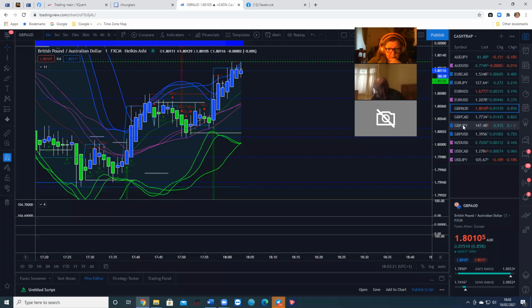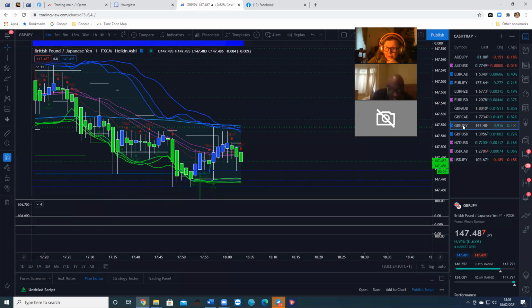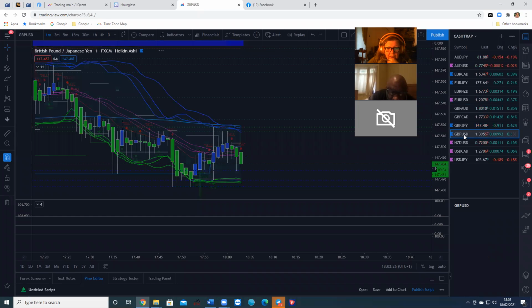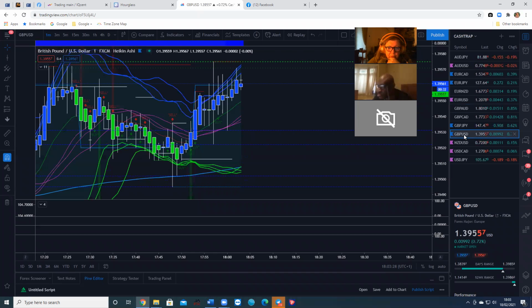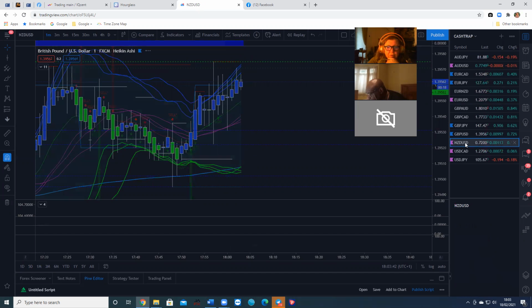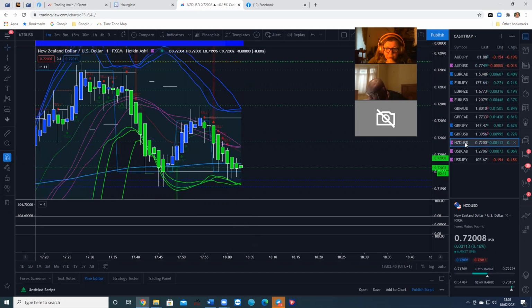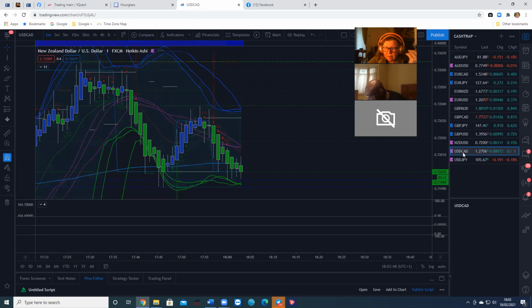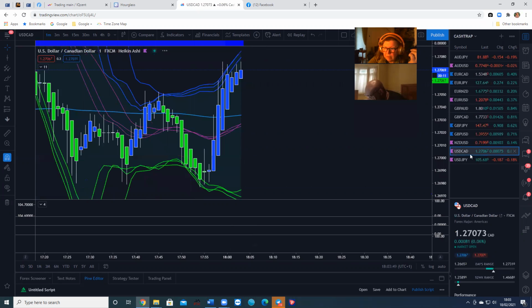GJ, GU, potentially quite a nice position coming up, but it's very wicky, and we know that GBP, Great British Pound, is stronger than the US dollar. Let me just look at the chart in a minute. I was just trying to see if we could find one trade, very wicky on an NZD-USD. So we missed two good trades simply because of the speed at which they turned.